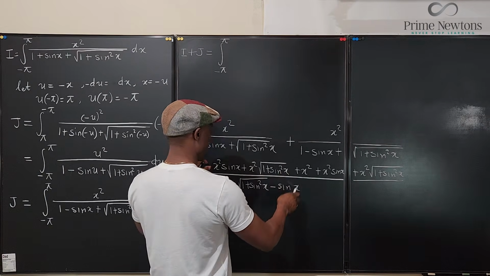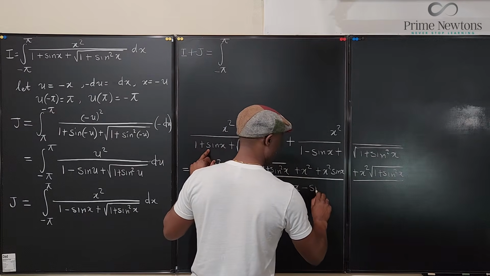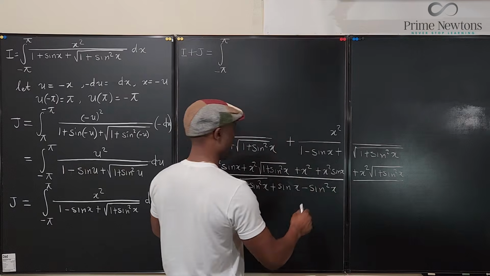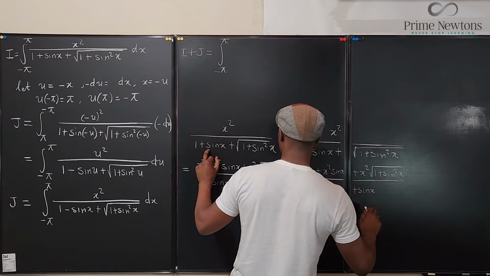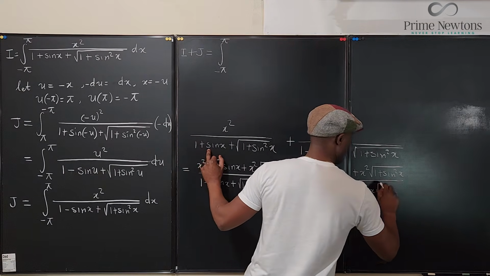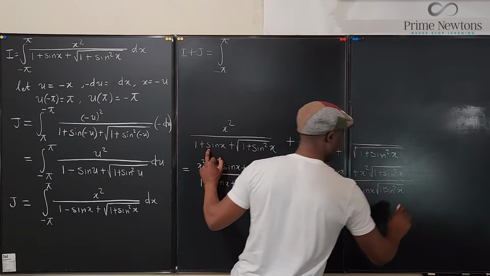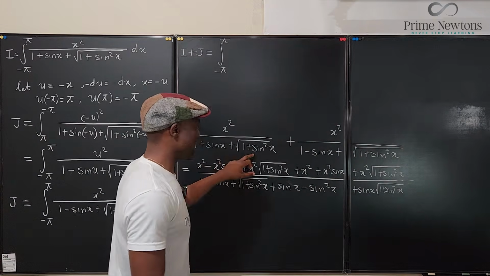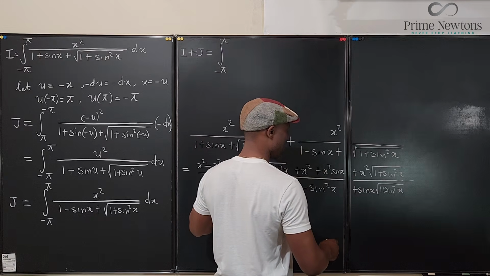You got plus sine x minus sine squared x. And then you have plus sine x square root of 1 plus sine squared x. Okay, this is long.